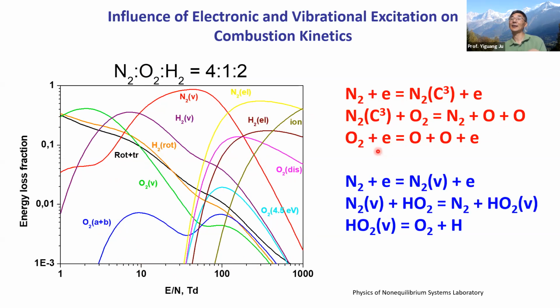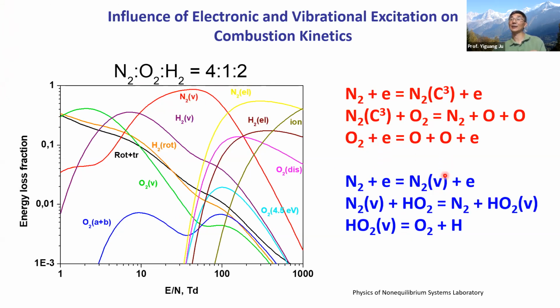This is direct dissociation of oxygen. Also, if you generate vibrational nitrogen, the peak is around 30 to 40.